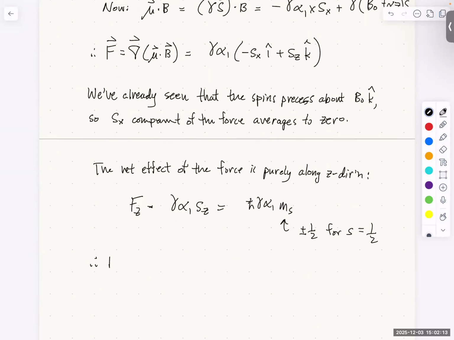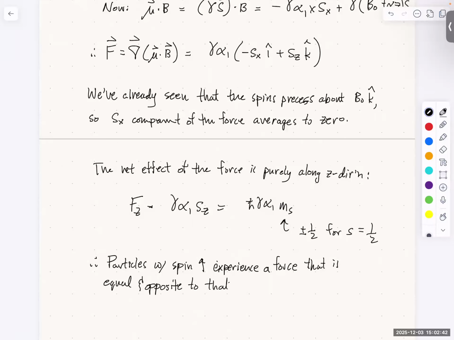Therefore, particles with spin up experience a force that is equal and opposite to that of the spin down particles.